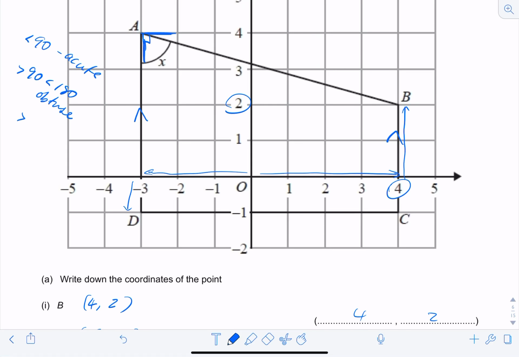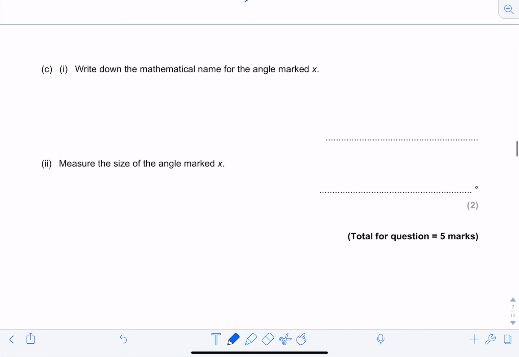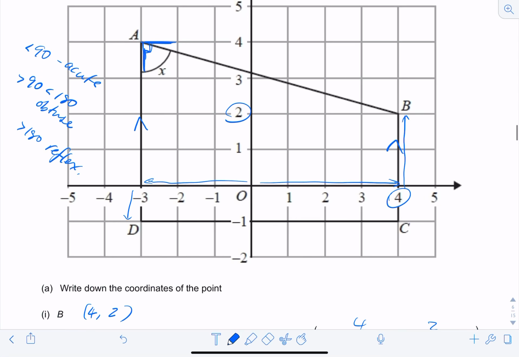And remember, if it's greater than 180, it's called a reflex angle. Here, I can see that's less than 90, so it must be an acute angle. Measure the size of the angle marked X. Okay, well, you have to use a protractor for this one.